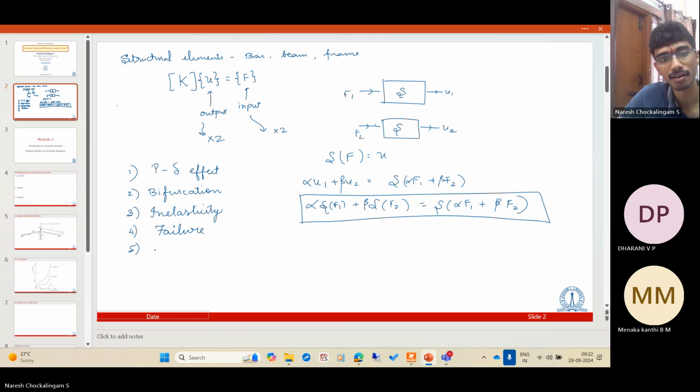And we have nonlinear boundary conditions. And in general, we also have some kind of large displacements, large deformation.